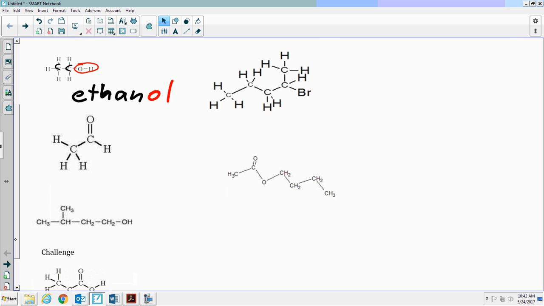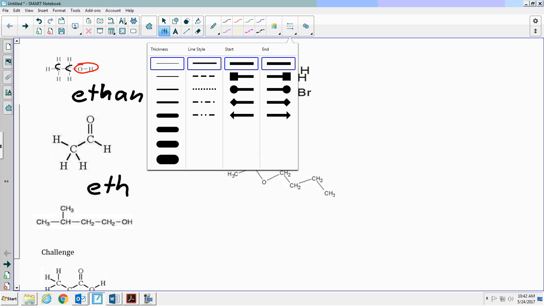Okay, second example. We again have 2 carbons, so there's going to be something with an eth in the name. But then we have a different functional group.